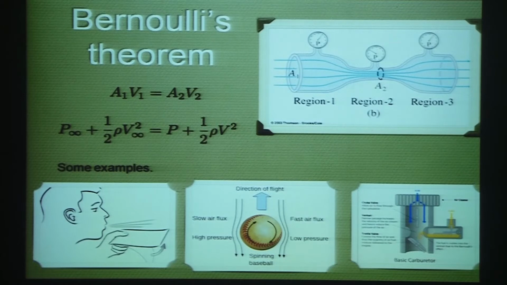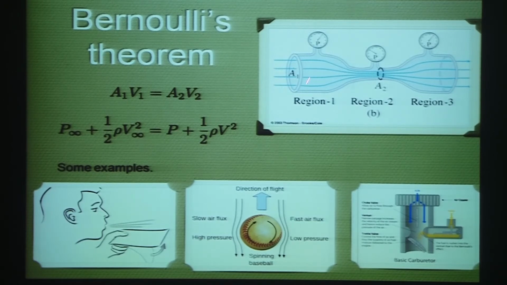To get insight into the question, we have to first review Bernoulli's theorem. I'm sure everybody must know Bernoulli's theorem. Just for refreshing your memory, I would like to revisit it in this one slide. Bernoulli's theorem says that the pressure at this point plus the dynamic kinetic energy, which is half rho V infinity squared, where V infinity is the speed at this point, is equal to the pressure and speed at this other point.